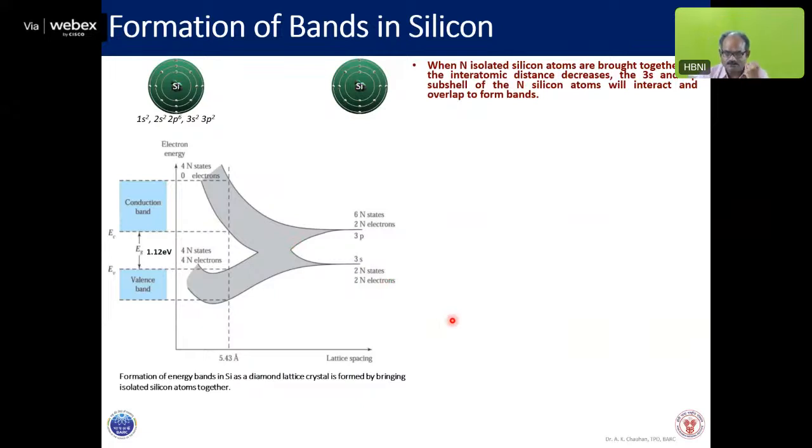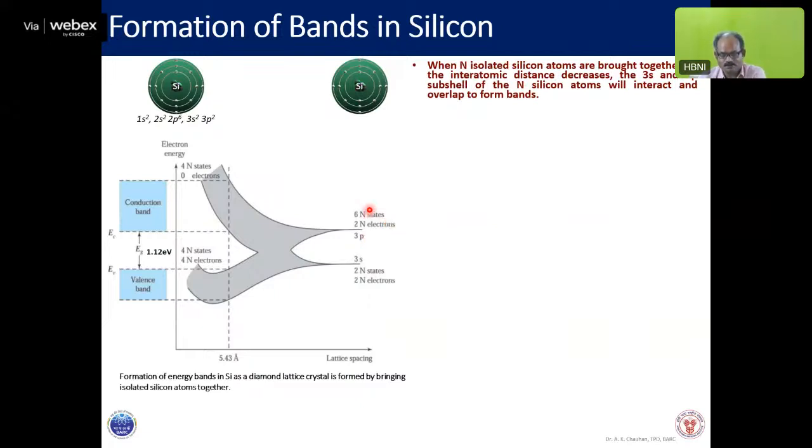Suppose I consider n atoms now, as we did in the previous example. Now I have n silicon atoms, so how many 3s states will be filled? You will have 2 into n, because there are n atoms, and then you will have 2n 3p also. And how many vacant states will you have?